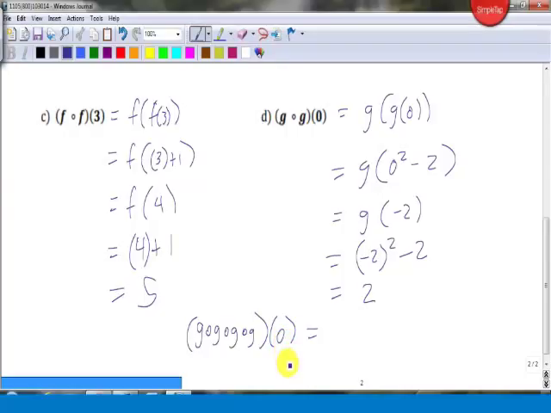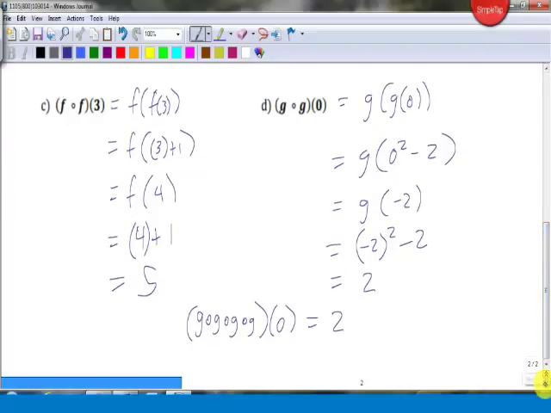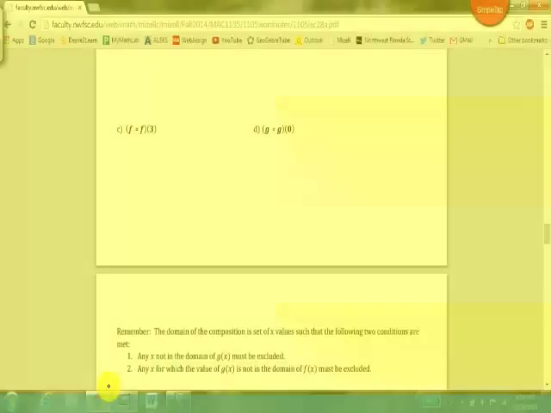But if you start at 0, you're eventually going to get 2, and it's just going to keep being 2, once you do this at least 2 times to 0. So just an observation there. Sometimes it just keeps going off to infinity. Sometimes maybe jumping back and forth. In this case, it jumps around just a little bit, and when it gets to 2, it stays there. Evidently the function g doesn't have any effect on 2. You can perform that as often as you want to the number 2, and it just stays right there.